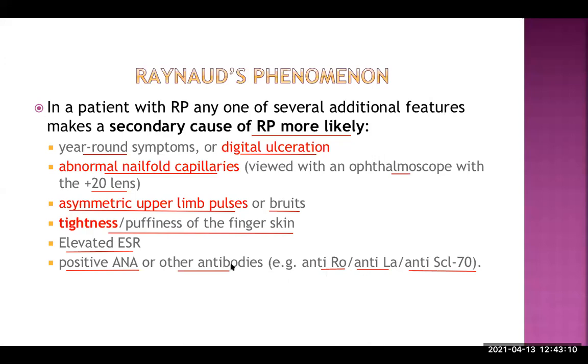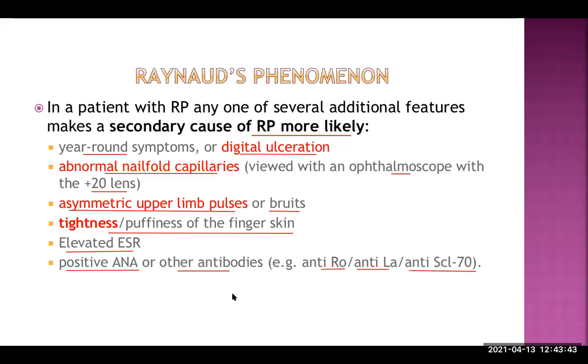Similarly, anti-double-stranded DNA antibody is seen in SLE. Anti-topoisomerase antibody is seen in some other conditions. So like that, we can give different reasons here. This is the way: if Raynaud phenomena is there in the patient, and the patient also has these features, then we think about connective tissue disorder.